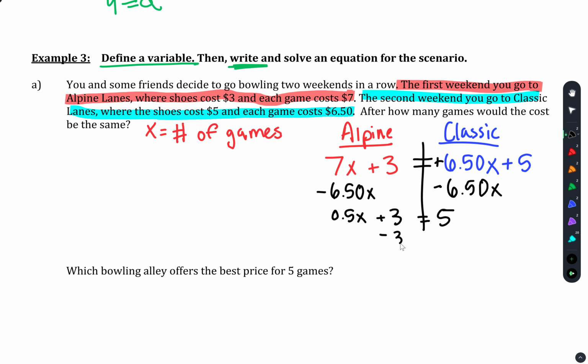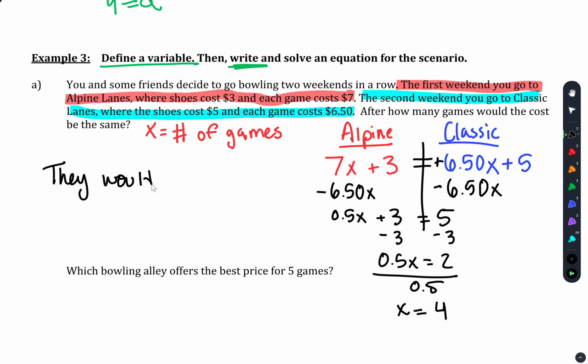Move the 3. 0.5x equals 2. Divide by 0.5. X equals 4. So what this is saying is, after 4 games, it's going to cost the same at Alpine and at Classic. They would cost the same after 4 games.